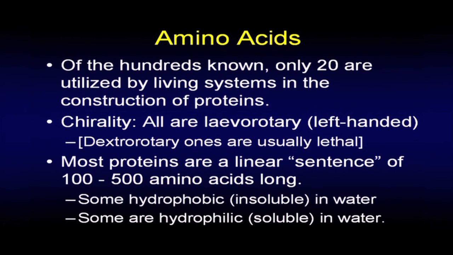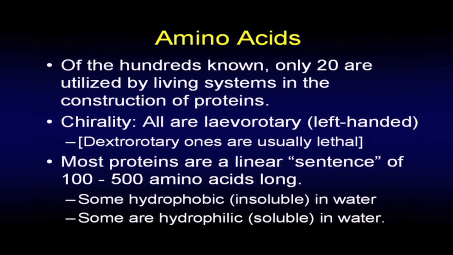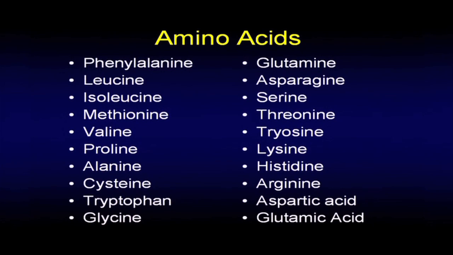Now, most proteins in your body are not 347 amino acids long like this one is, but are up to 500 acids long. Some of them are soluble in water. Some are not soluble in water. They're designed that way. And these amino acids can be combined to make 20 different kinds.